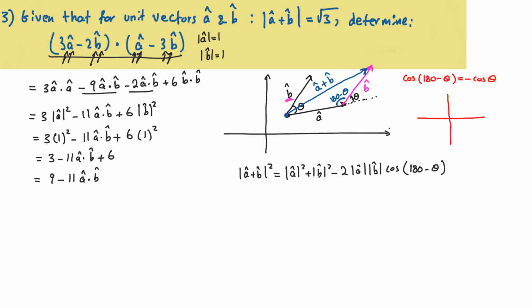So I'm going to just do a very brief talk about it. If this angle is theta, that means 180 minus theta would be this angle over here. And cosine of theta is always the x-coordinate of this value in a unit circle.